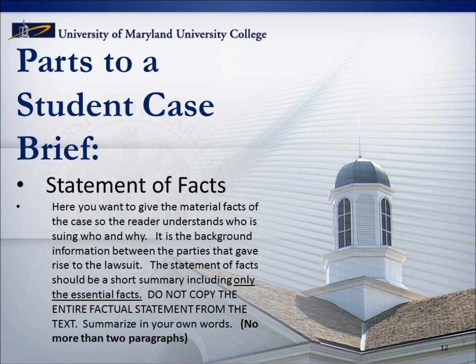You would summarize the facts in no more than 2 paragraphs max. So you're going to tell the reader of your case brief who's suing who and why, and what happened. So it's the essential factual statements.